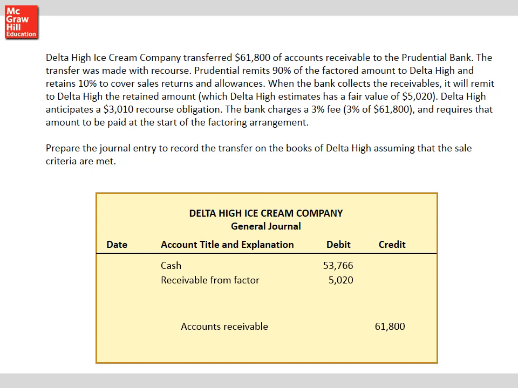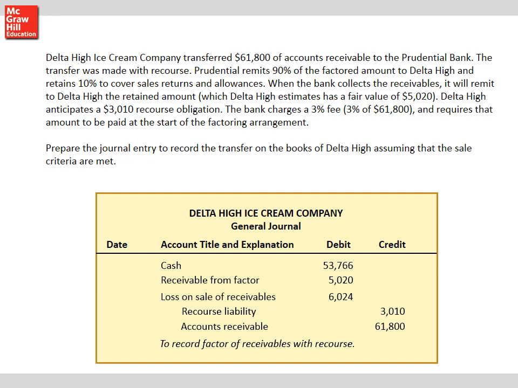Receivable from factor, $5,020. Recourse liability is credited, $3,010. Loss on the sale of receivables, $6,024. Let's take a look at this.